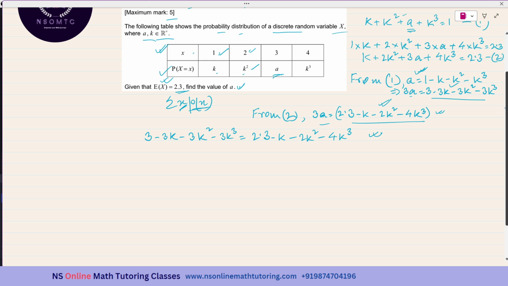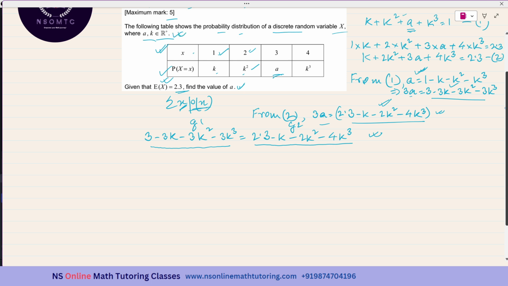You can get the value of k graphically by first of all sketching the graph of this expression. This will be the first graph, and you will be again sketching the graph for this expression. This will be the second graph, and you will be getting the x coordinate of the point of intersection of these two graphs. Okay, and k is a positive real number.